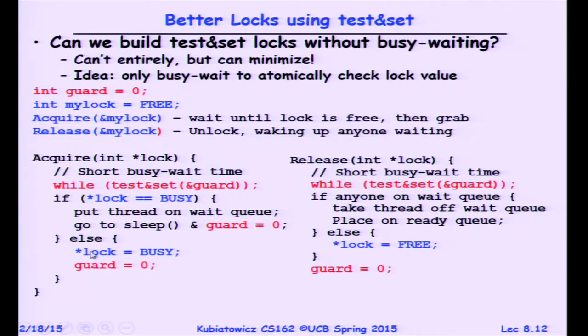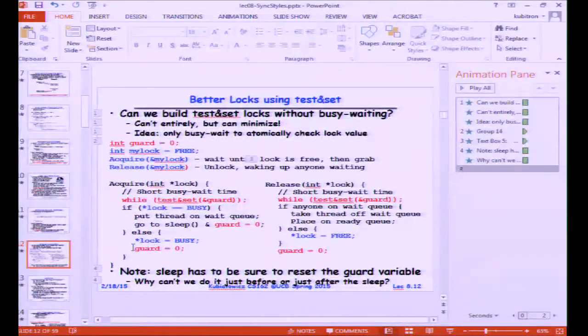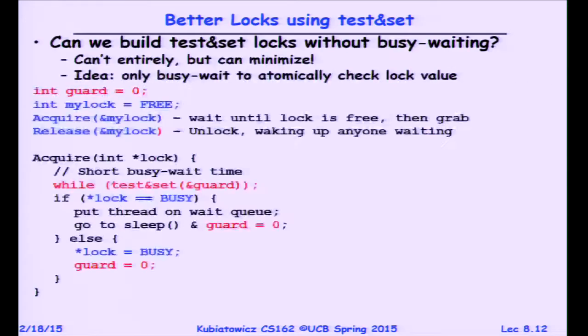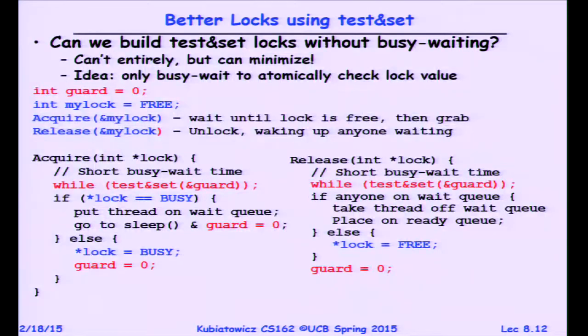lock to busy. And by the way, this guard is... No, that's correct. That is correct. So, thought my formatting was wrong there. And this, by the way, if you look carefully at my disable interrupts, this is exactly the same thing where I've replaced the disable interrupt with the guard variable. It's exactly the same as that previous slide.